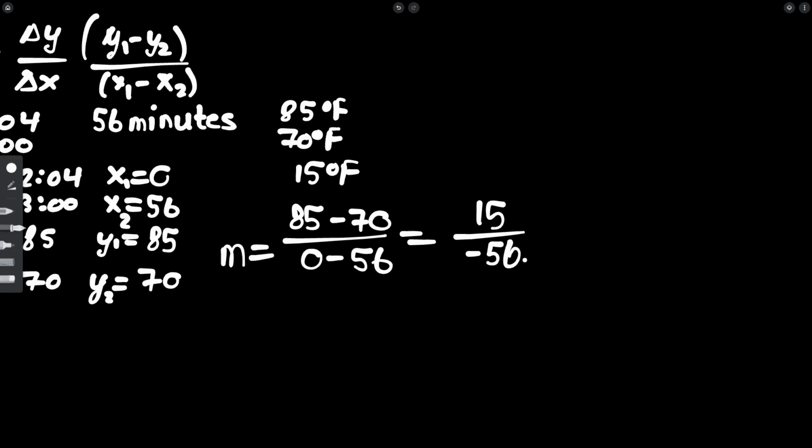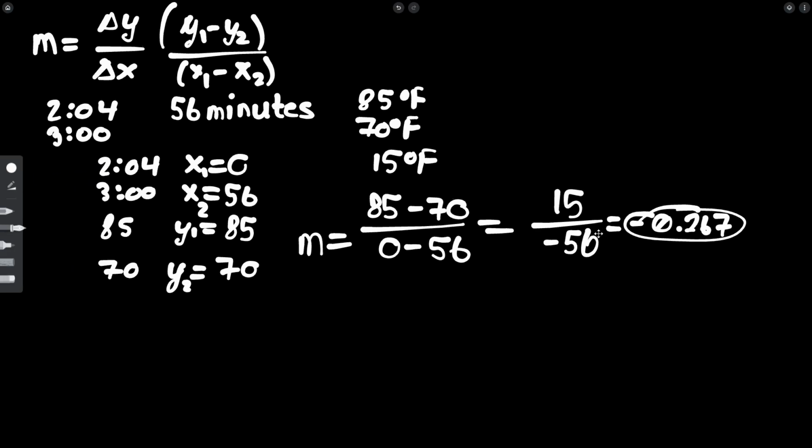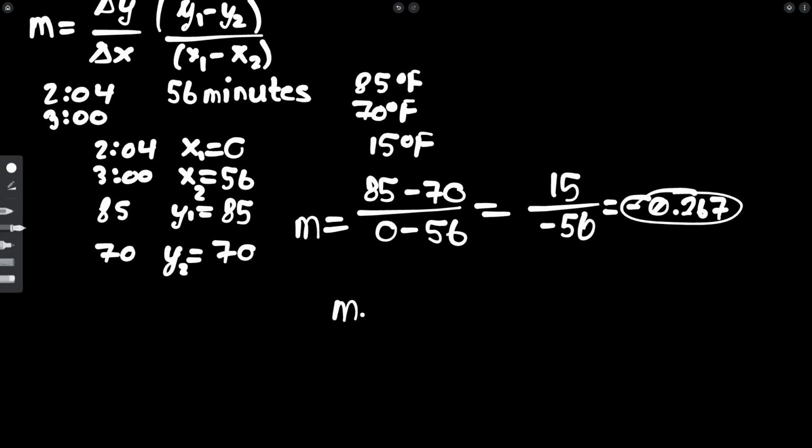And pulling out the calculator shows us that this is roughly negative 0.267. We have just calculated degrees per minute.